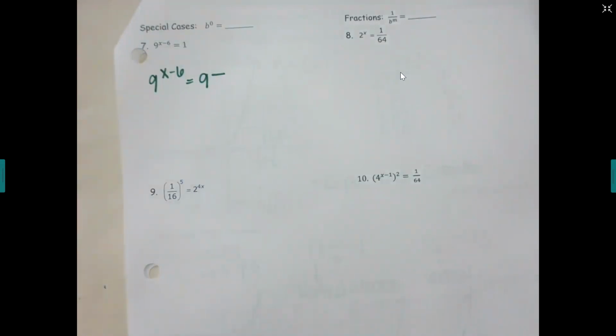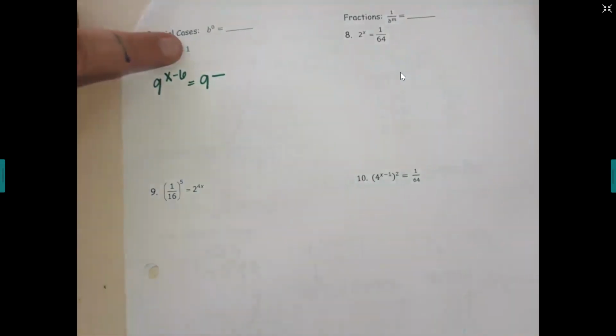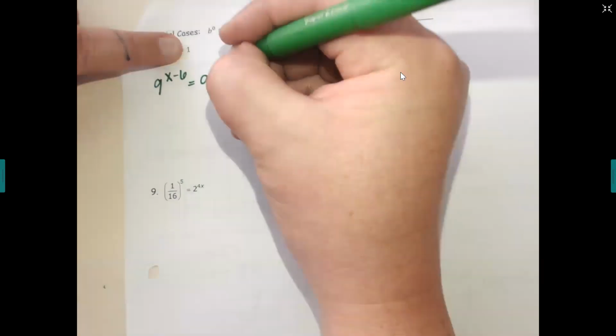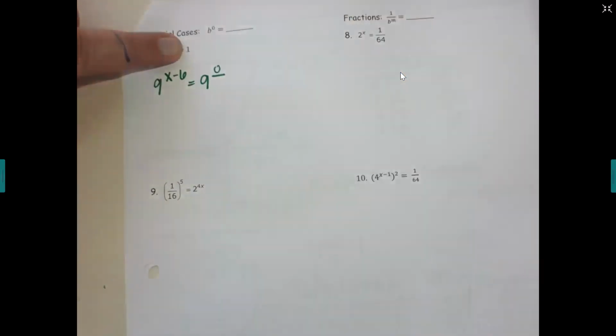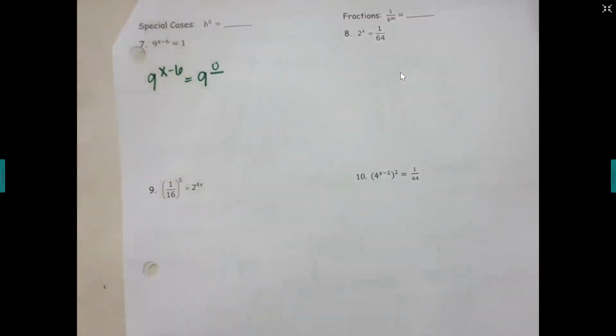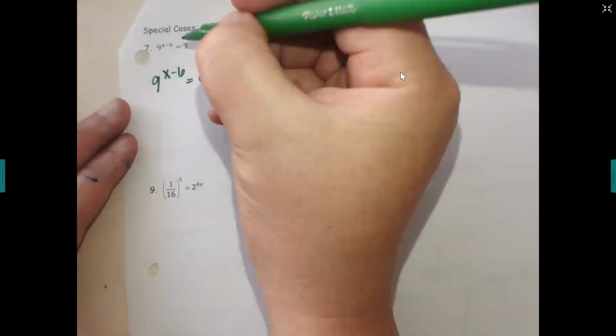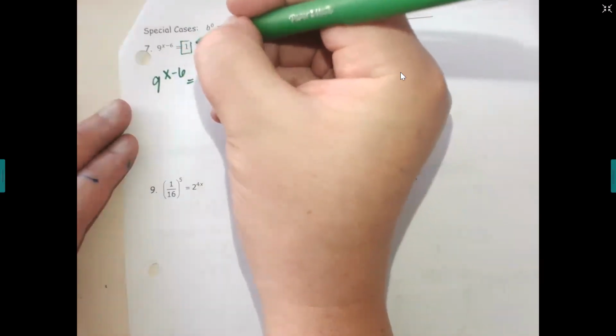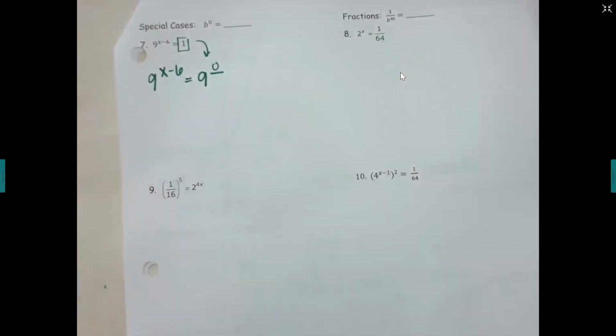Now, we talked about this on the first page, and I think we ended up having to put it in the calculator, but what is the power that you can put on any number that will give you 1 as the final answer? 0. So if this is a 1, and I do 9 to the 0, those are the same. So if your original number here is a 1, you can pick whatever base you want as long as you make sure your exponent is a 0.